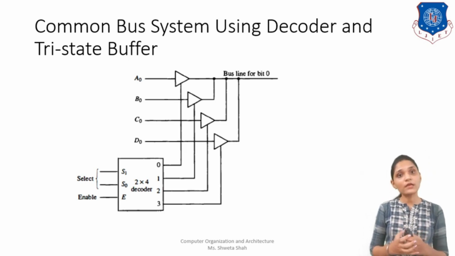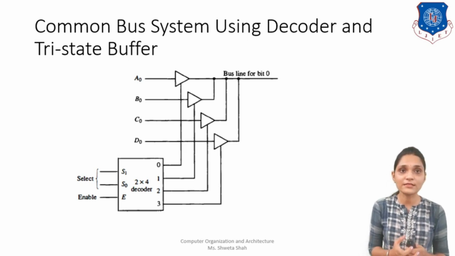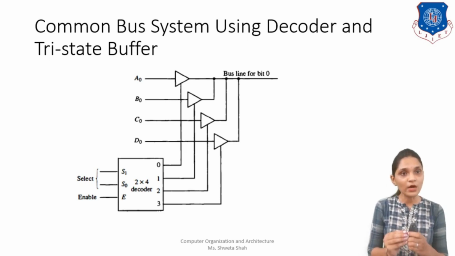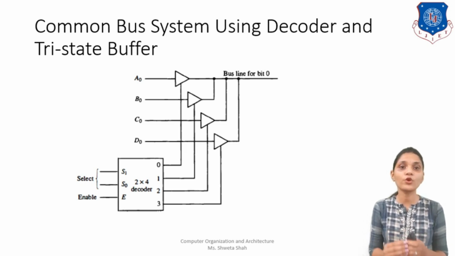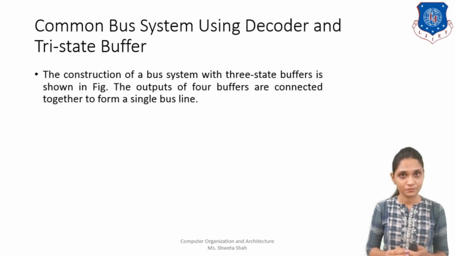So in this way we can design our common bus system for a simple 1 bit, for 4 registers. Here we require only 1 decoder and 4 tri-state buffers to design this bus for a simple 1 bit.